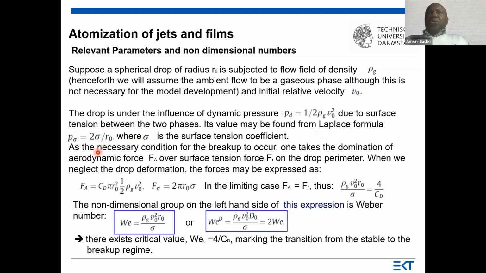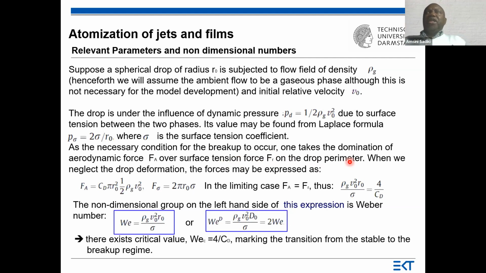Now, we say that the necessary condition for the breakup to occur is the domination of this aerodynamic force over the surface tension force. So this should be larger than this on the droplet perimeter. If we neglect the droplet deformation, we will introduce it later on.